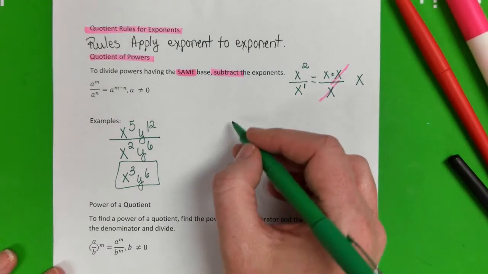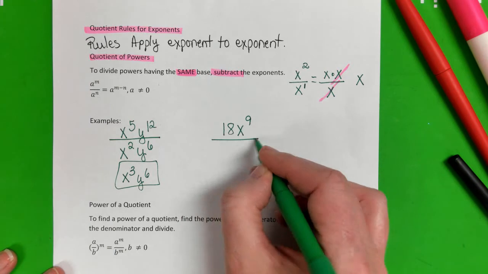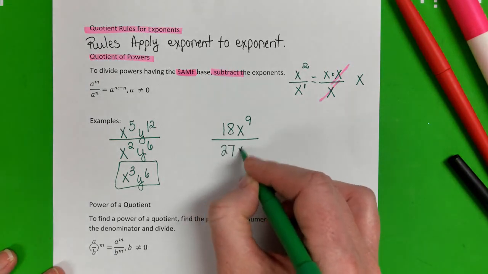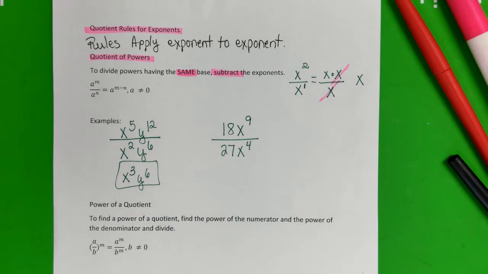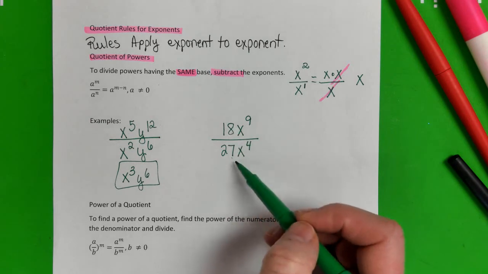Okay, here's another one. 18x to the 9th over 27x to the 4th. Now, I threw in some number coefficients because that always tends to throw us. Remember, this rule of quotient of powers does not apply to 18 and 27. They're not like bases.